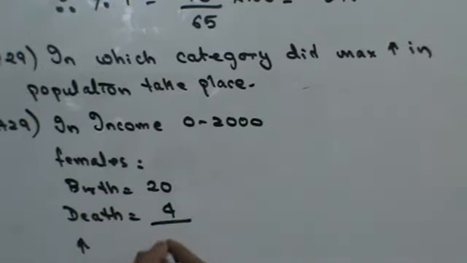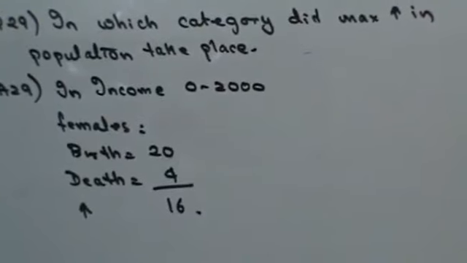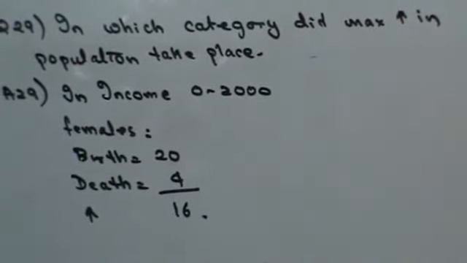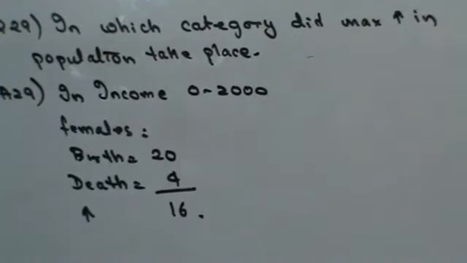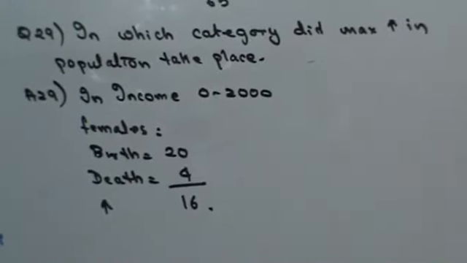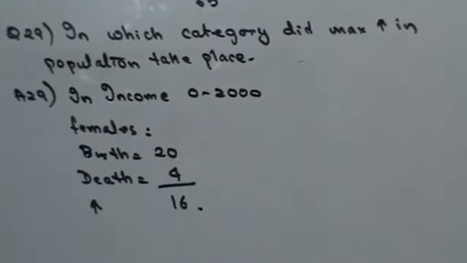So increase is 16. Now I don't see any other category showing that increase in population. So the maximum increase in population took place in the category 0 to 2000 females. Fine, do we get this thing here? Next, let's see another sum, guys.